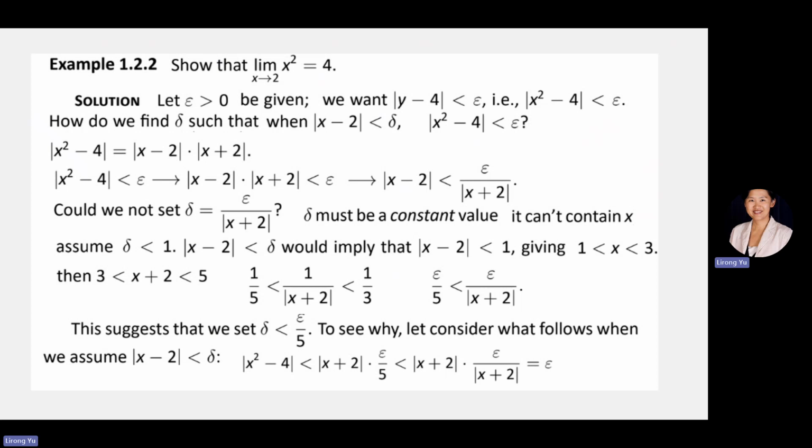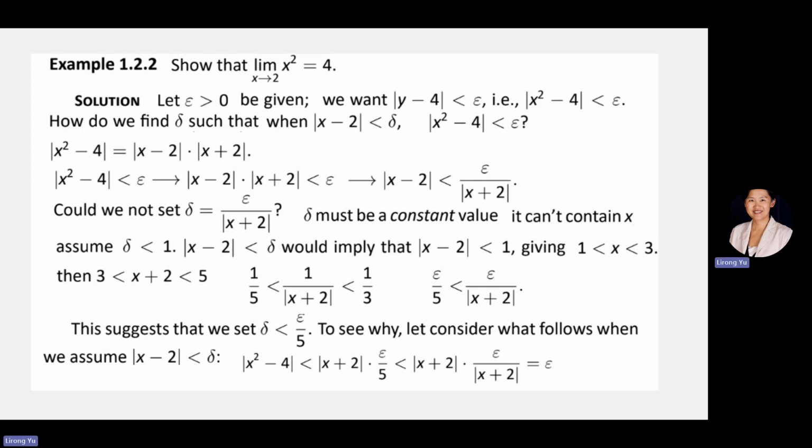That is saying x squared is already very close to 4, which indicates it's approaching the value 4. But we're making it hypothetical, so we keep epsilon as an arbitrary number instead of picking a number.